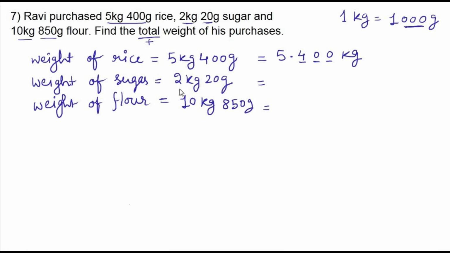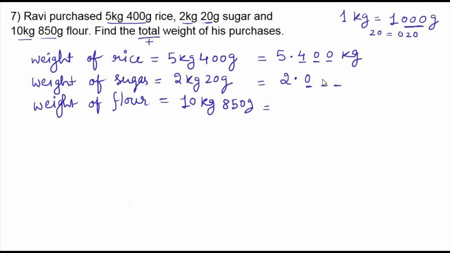Next, here we have 2 kilograms. So we will write 2 here. Then we need to put 1 decimal point here and then 3 digits after decimal point for gram part. But here you can see that we have only 2 digits for gram. So what can we do here? We can change this 2 digit into 3 digit by adding a 0 here. So instead of writing 20, we will write 020.